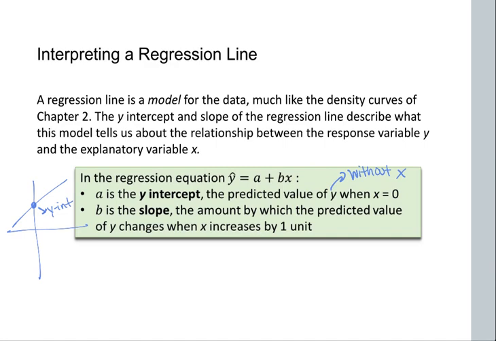Now, B is the slope. This is the one that usually gets students, so I really want you to practice this one with me. B is the amount by which the predicted value of y changes every time x increases by 1. If you remember slope, the slope is the change in y over the change in x. So every time x increases by 1, I want to know what that y change is, and we're going to put that in context.